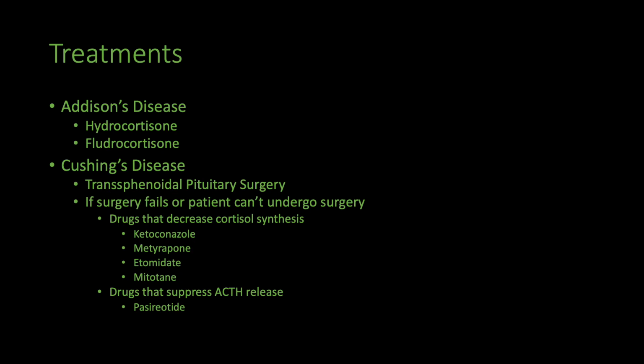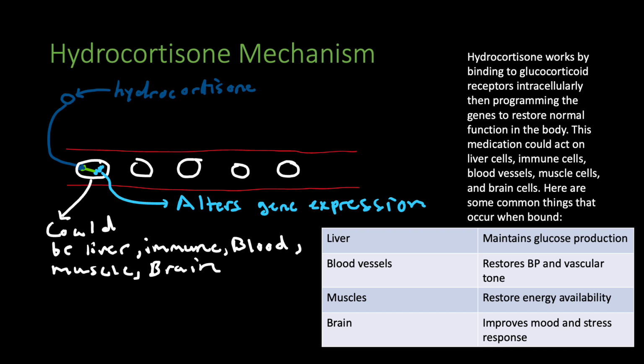Surgery is the mainstay treatment for Cushing's, but if we're not able to do that, then we use these medications to help prevent the excess amount of cortisol from being produced. So these are some of the mechanisms I'm going to show you here.